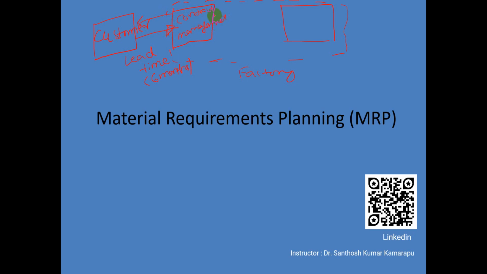Once we receive the contract management information, like how many kinds of machines, they will immediately contact the planning department, that is PPC. We also call this production planning control department.